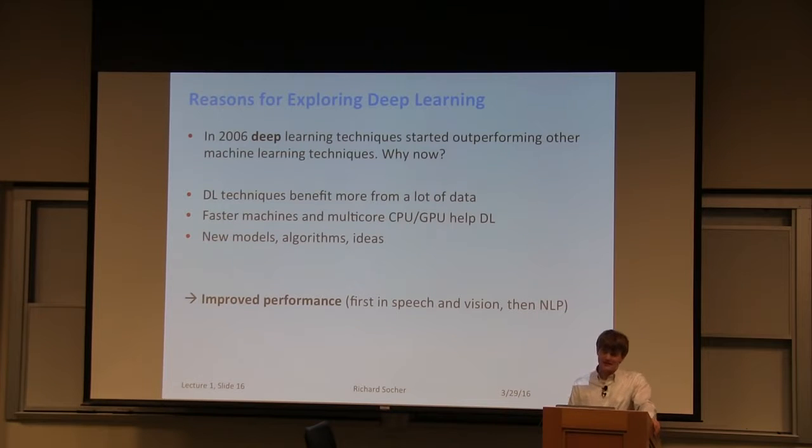So why now? Basically, deep learning techniques benefit a lot more from the data, because we will ask the models to learn the features by themselves. It also requires a lot of data, right? This is already relevant for thinking about your class project and how to get started on that. If you only have 10 examples for something, and the model knows nothing about language, it starts out as a completely random gibberish algorithm that doesn't make any accurate predictions.